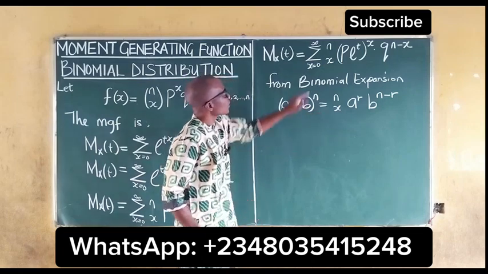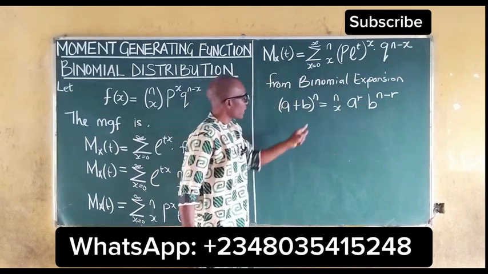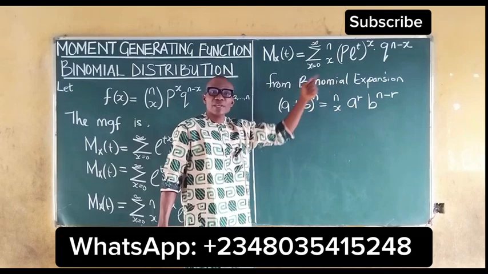So it then means that if we have this to be our function, we can also write it like this from the binomial expansion.